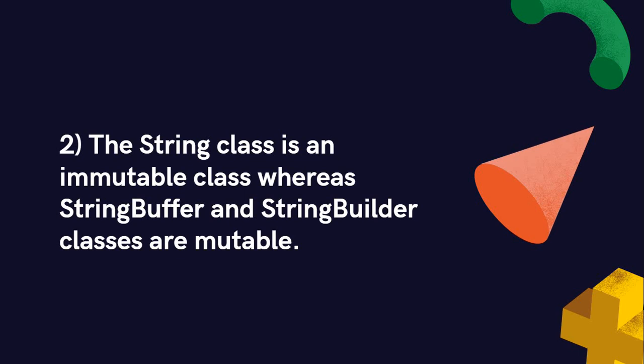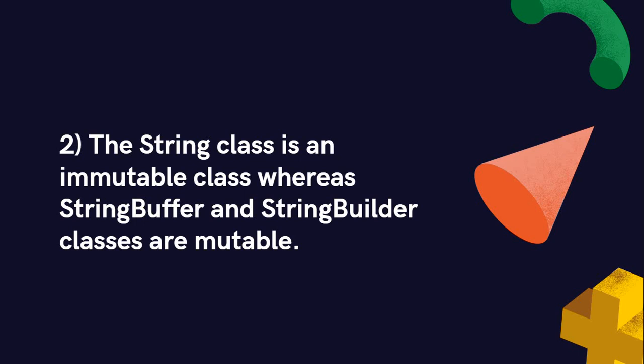Immutable means the things which cannot be changed. One time you pass a string in your program, that will not get changed. For any new string you need to define again. So in that case there will be too many strings, and they cannot be changed. These are immutable. But string buffer and string builder are mutable, they can be changed.